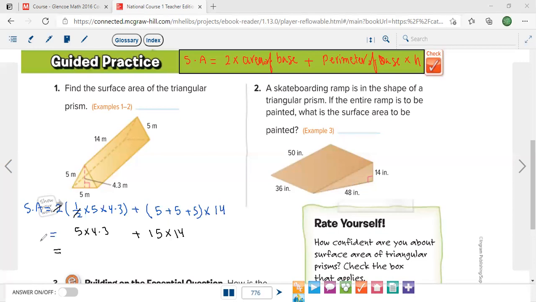So now, 5 times 4.3, this will give you 21.5 plus 15 times 14, 210. And if you add 210 to 21.5, this will give you 231.5 meter square, because this is an area.